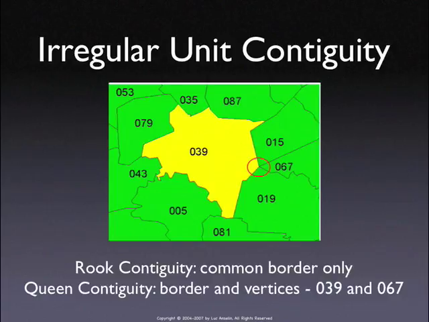Now if we also take into account the corners, then 67 gets in business as well, and that becomes a queen neighbor of 39. So in irregular situations, it really depends on the spatial layout of your units whether there is a difference or a big difference between the rook and the queen criterion.